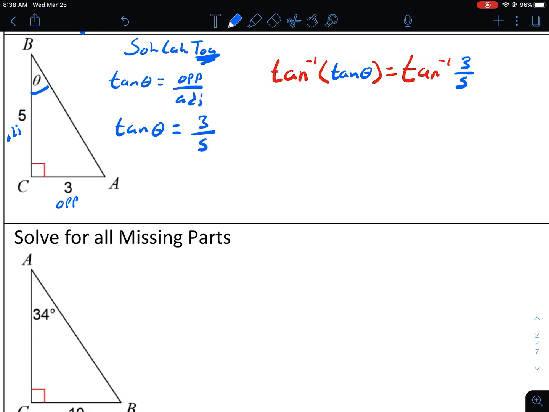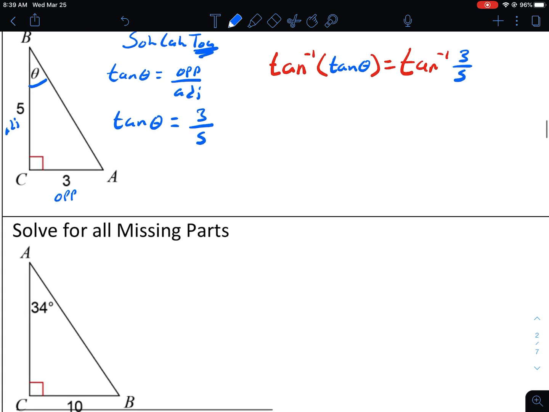Now, when I apply the inverse function of tangent to tangent itself, it will take the tangent off the theta and leave me with just the inside here. So theta equals inverse tangent of 3/5.